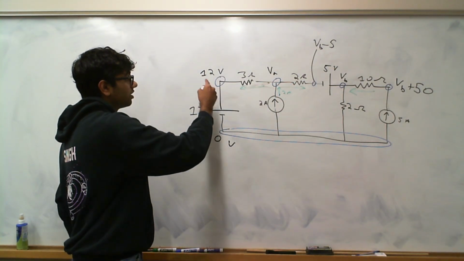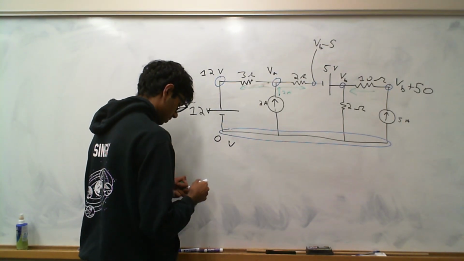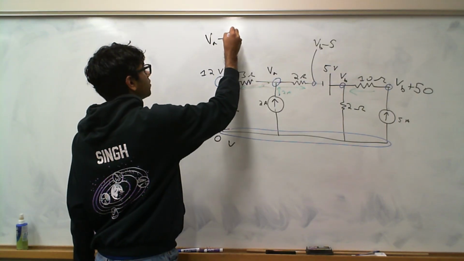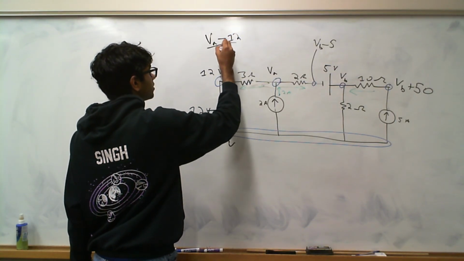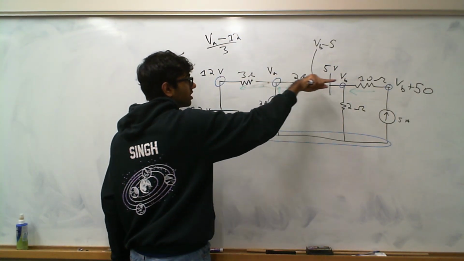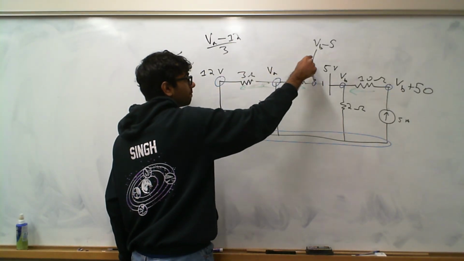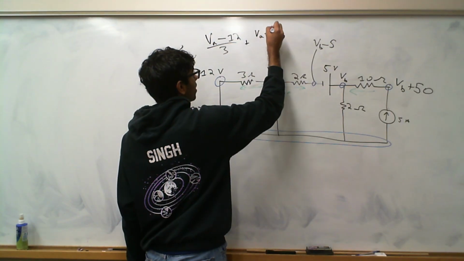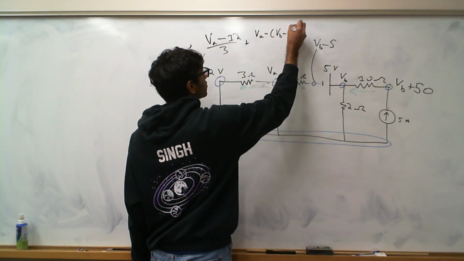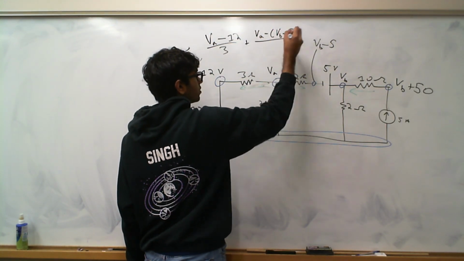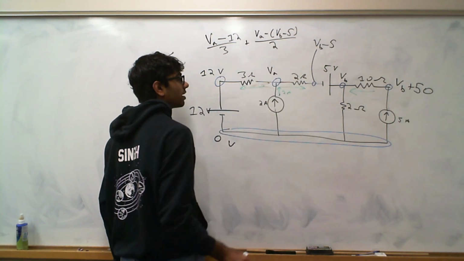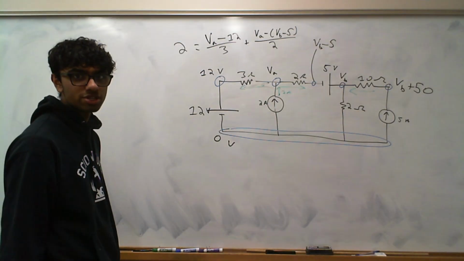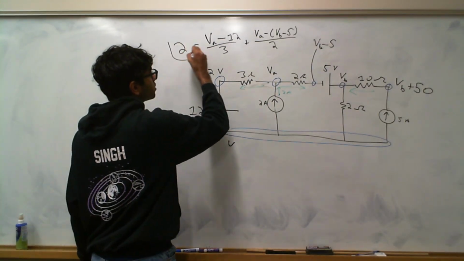So the current going here is just VA minus 12 over 3. That's this current. Current going there is VA minus VB minus 5. So plus VA minus VB minus 5 over 2 ohms. Okay? And that's just equal to 2 amps. Okay? So we have our first equation. I'll box that in.